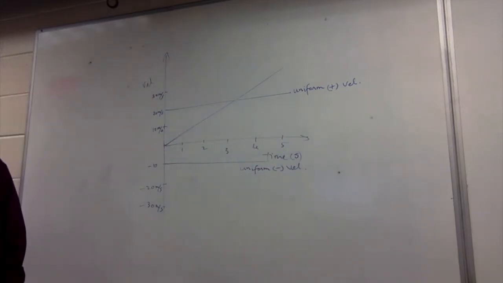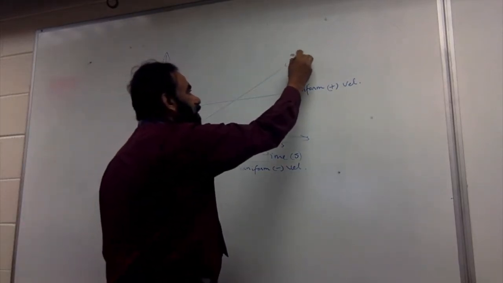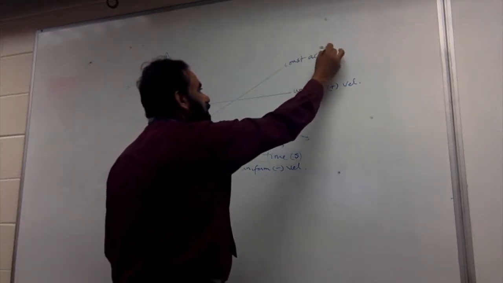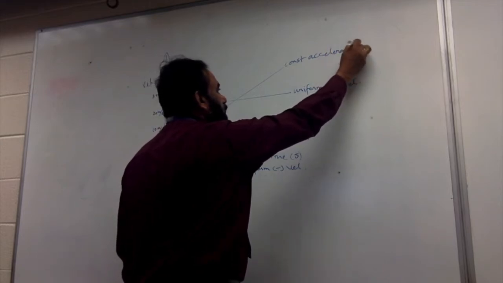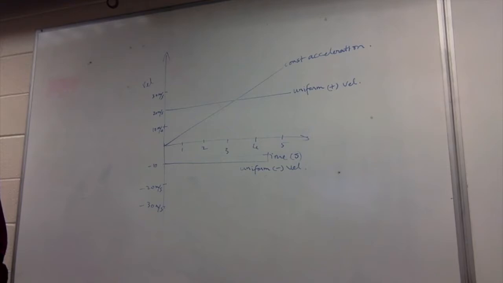That line. It is increasing velocity. Is it a constantly increasing velocity? So that's why we call it constant acceleration. So basically, what is acceleration?